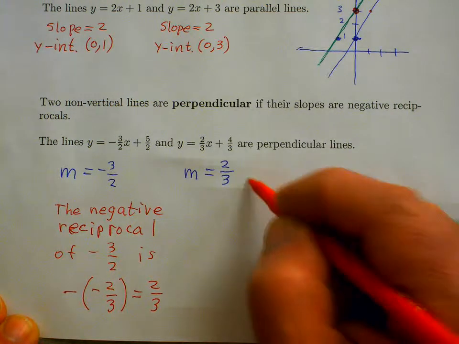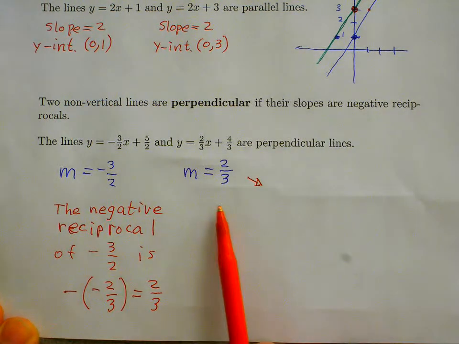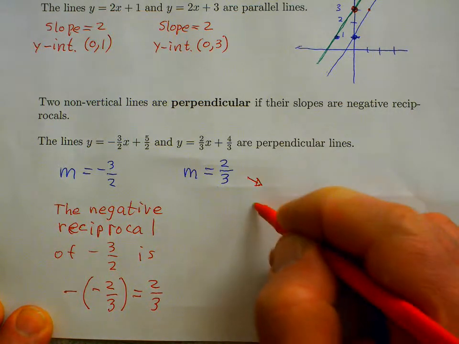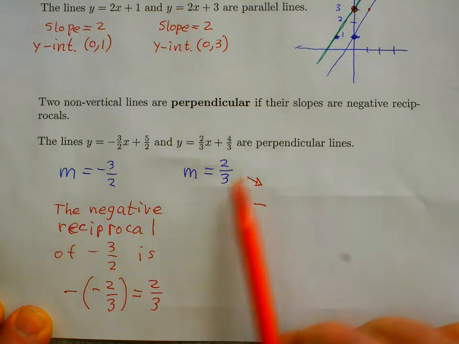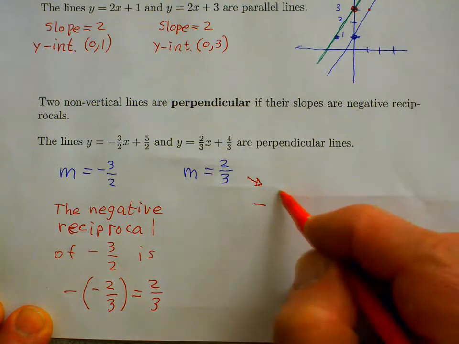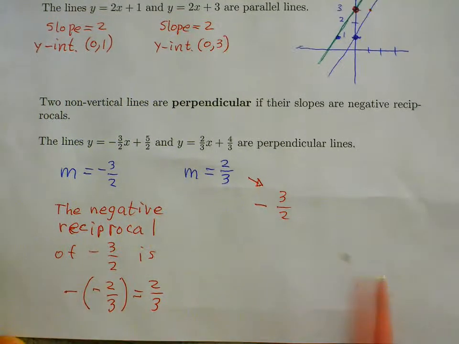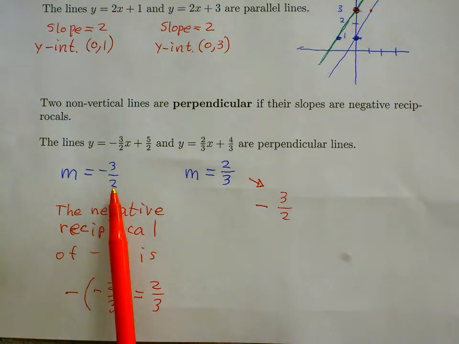Okay, but if we want to do the same thing with the other slope, the negative reciprocal of 2/3, well, just write the negative of the reciprocal of 2/3, which is 3/2. So negative 3/2 is the negative reciprocal. So that matches what we've said before.